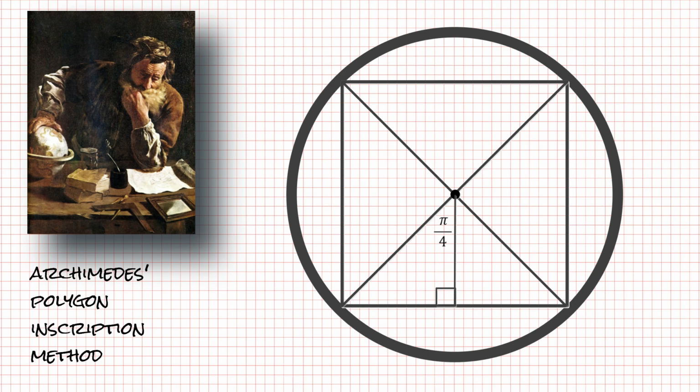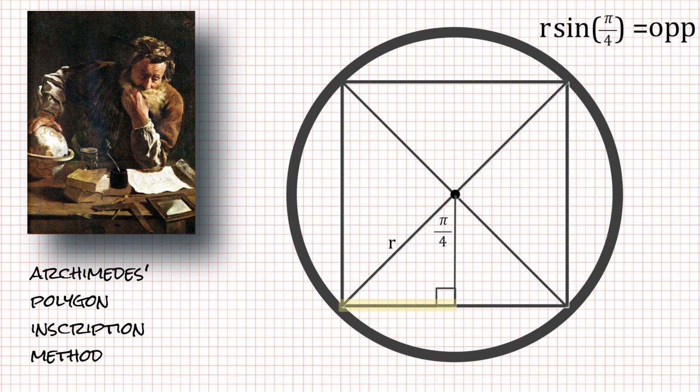My angle at the center is now pi over 4 radians, and the hypotenuse is the radius of the circle. Remember your SOHCAHTOA, the sine of an angle is the opposite side over the hypotenuse. So the sine of pi over 4 is opposite over radius. With a little algebra, I get the length of opposite is radius times the sine of pi over 4.